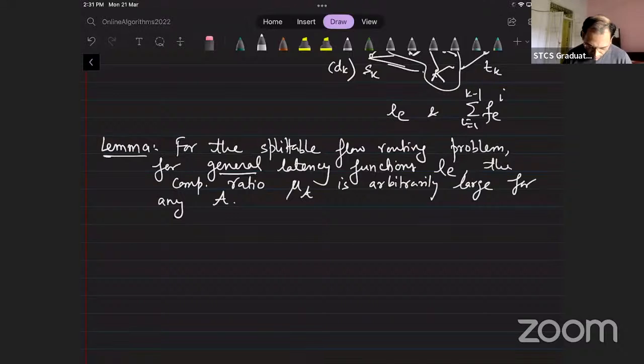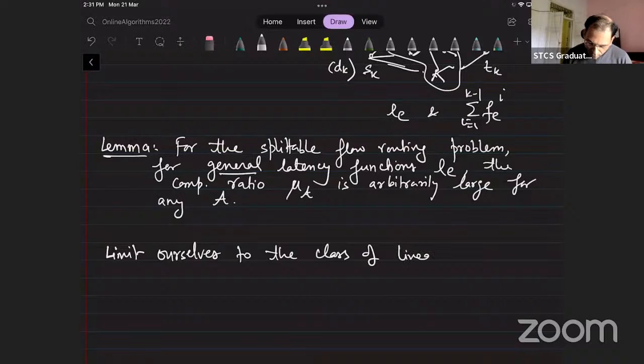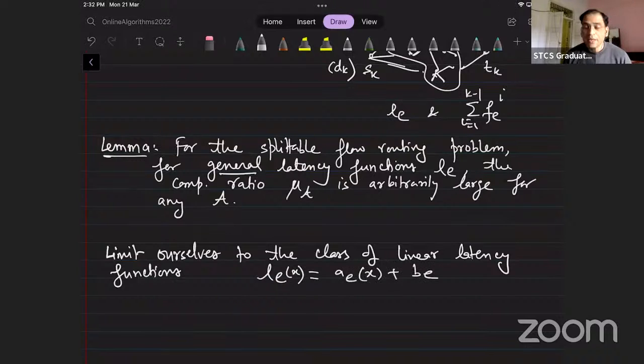So for this reason, we will limit ourselves, at least for today's class, to the class of linear latency functions, which is L_E(x) = A_E x + B_E, where A_E and B_E are greater than or equal to 0, but arbitrary.